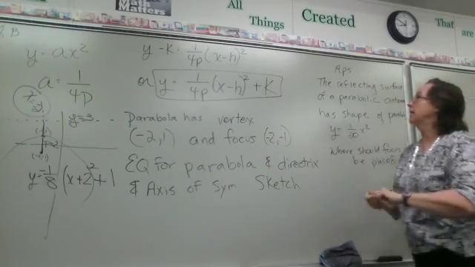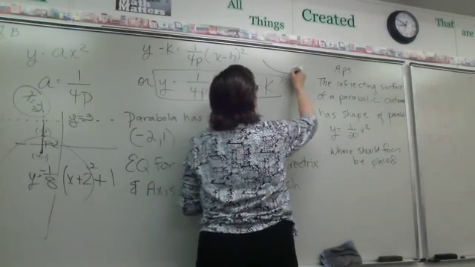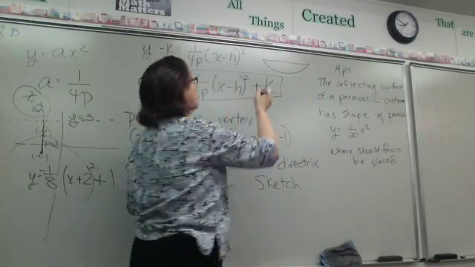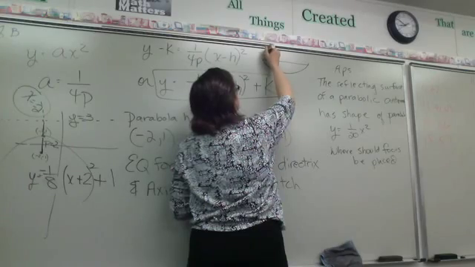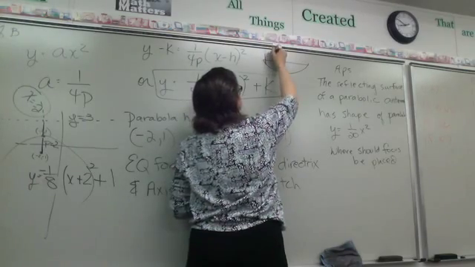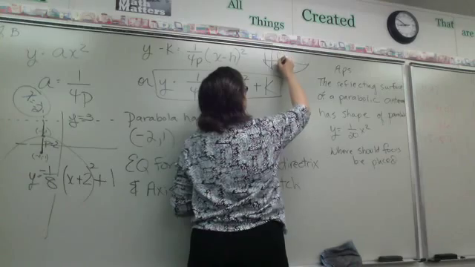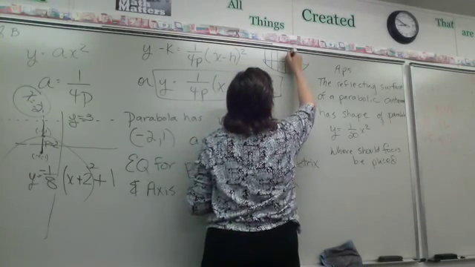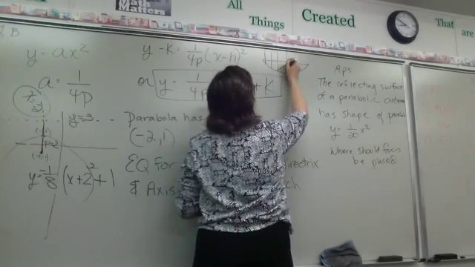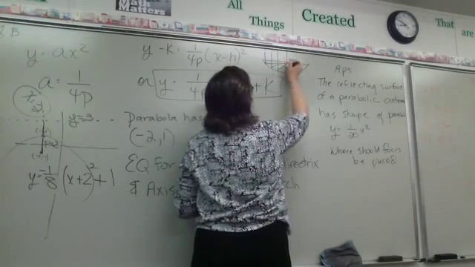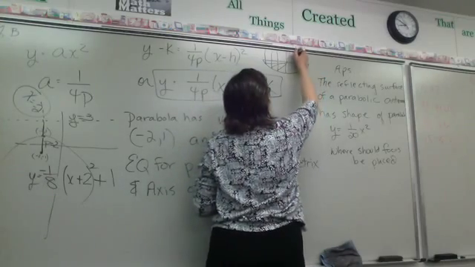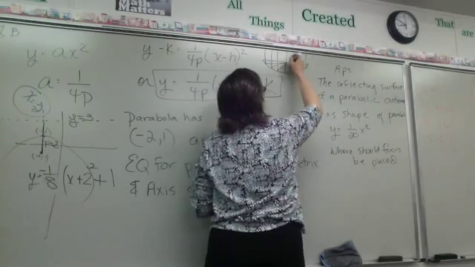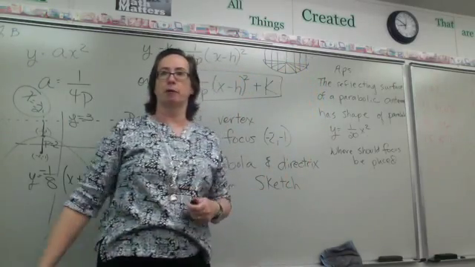Now you'll see that with antennas, if it's a receiving antenna, we're going to have all of these signals come in, say these were satellite pictures or something like that. They're not going to just hit the bottom, they're going to reflect up to a focal point, and all of the points on this parabola will focus in to this focal point, which is the receiver in the middle of the parabola.